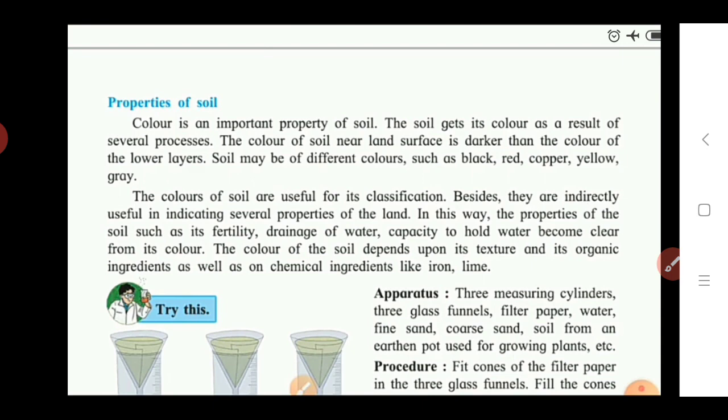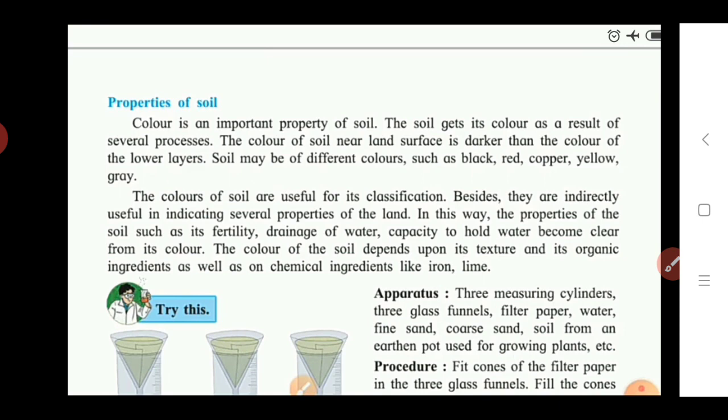The components: texture, meaning the type or form of the soil, and the organic ingredients as well as chemical ingredients. Organic ingredients are carbon compounds, and the amount in which these are present in the soil decides its color. Other chemical ingredients like iron and lime also give color to the soil, depending upon their amount.